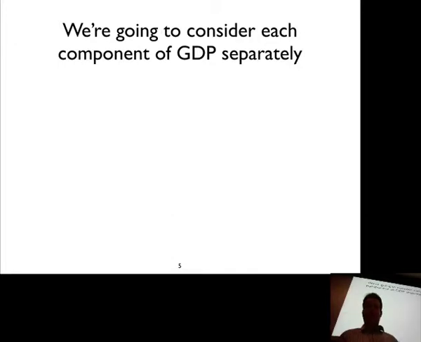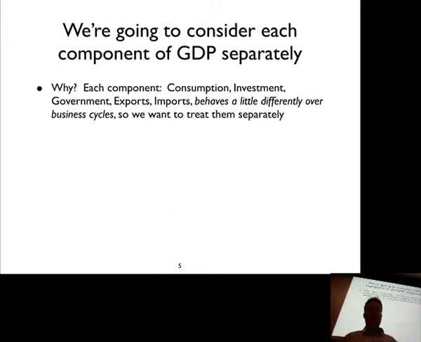Investment is really going to be the big story, and then later in the class, we're going to think about exports and imports also being things that will vary with real interest rates. So we're going to think about how each of these things behaves over the business cycle. And here's what we've got. Y is equal to C plus I plus G plus net exports. Again, this is something that you need to know for the class. If this is unfamiliar, please try to commit this to memory.